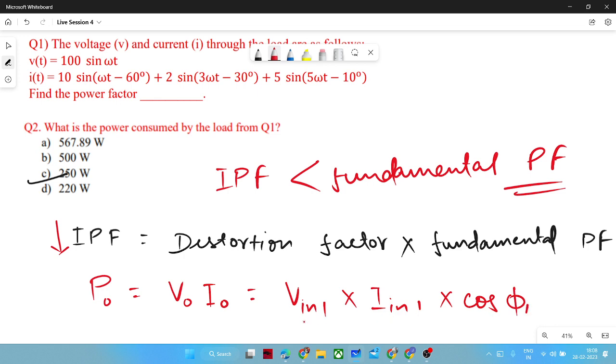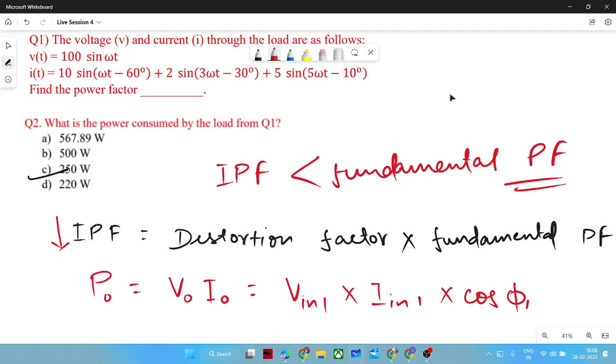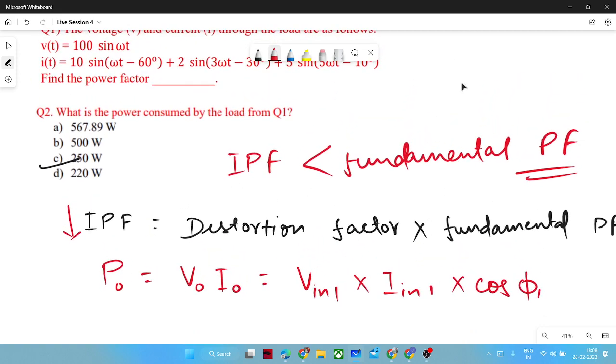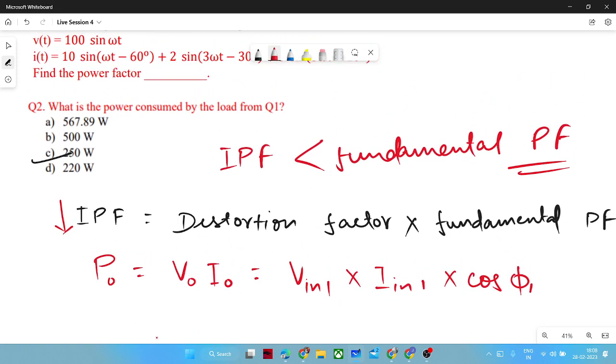It means whatever the fundamental power, that is pure sinusoidal power generated from the input side, will go to the output side if we can ignore the losses. Since nothing is mentioned about the load, we can ignore the losses in between. First let us compute the output power, and that will be computed from this formula because we do not know output voltage or output current. So V in 1 would be your 100 since it is pure sine.